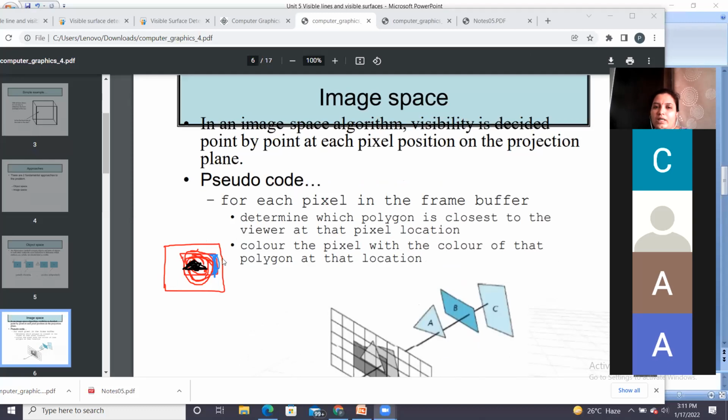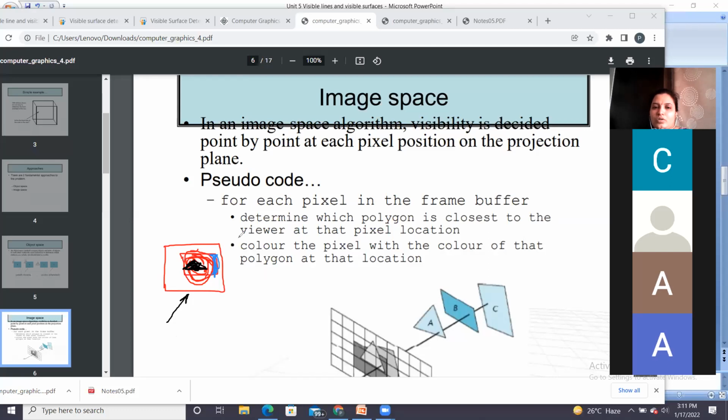And in this case, now every pixel's visibility is checked, for every pixel in the projection plane. Projection plane is nothing but the viewing projection, the direction of the viewer.